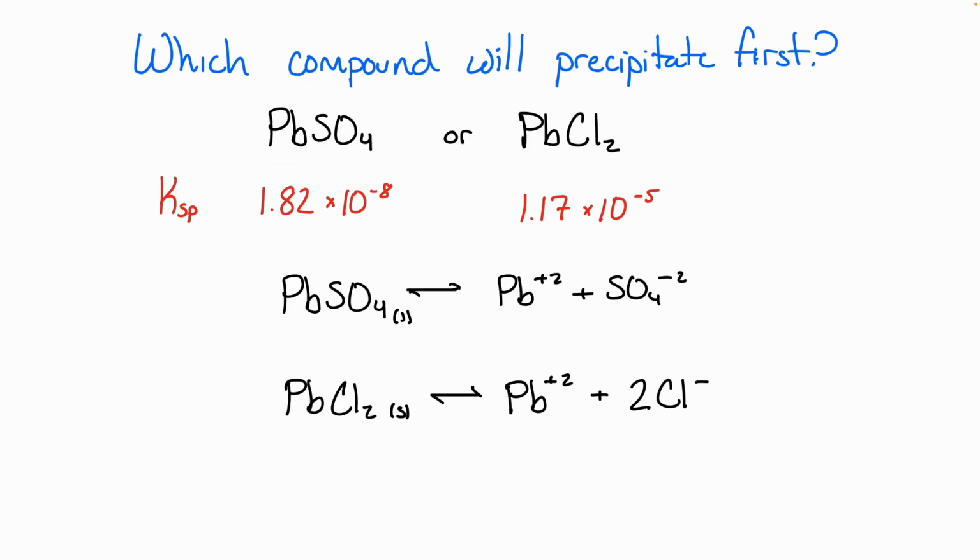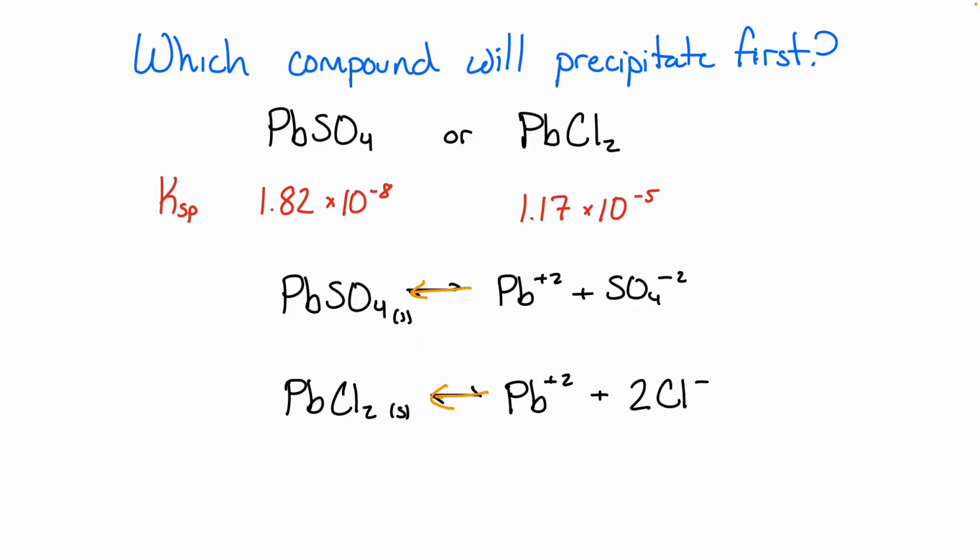Importantly, we're talking about a precipitation reaction, meaning that we're talking about this reaction in the reverse direction. So if we're looking at this reaction in the reverse direction, which reverse reaction is more favorable? The one with the smaller KSP or the one with the larger KSP? Which one of these favors the reactants more, smaller or larger? Smaller, right? So the smaller value means that it favors the reactant side, or that solid, more.